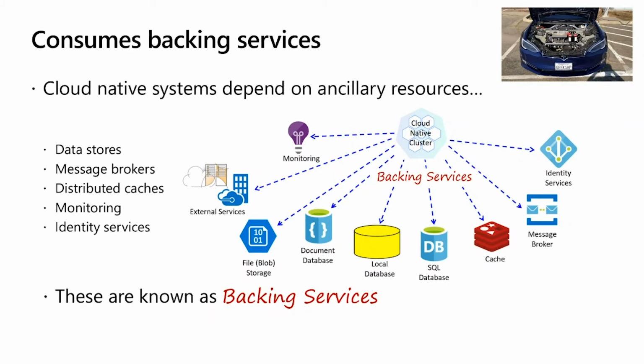Cloud native apps consume some managed backing services, especially in Azure. You can see some of the backing services starting with Application Insights for monitoring, and then you can store some of your files in Blob Storage, which is considered a backing service. If you're storing any NoSQL data using Cosmos DB, that is also considered a backing service. And if you're providing identity as a platform using Azure Active Directory, that is also a backing service.